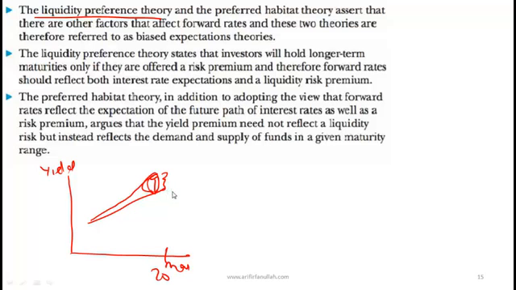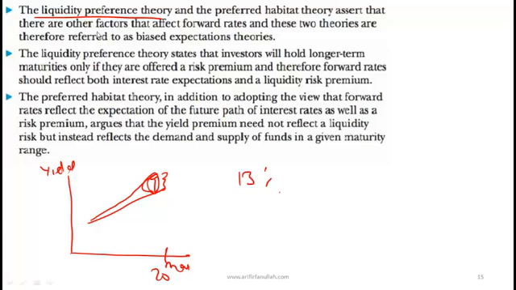Okay, so the way you can think about this is, let's say that you are an expert on our economy and you and all your economist friends expect that interest rates after 2 years are going to be 13%. Let's say, so this is your expectation about interest rates in the future.